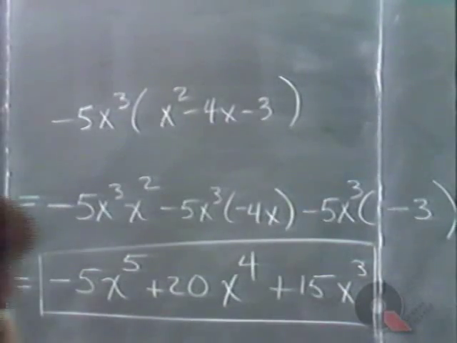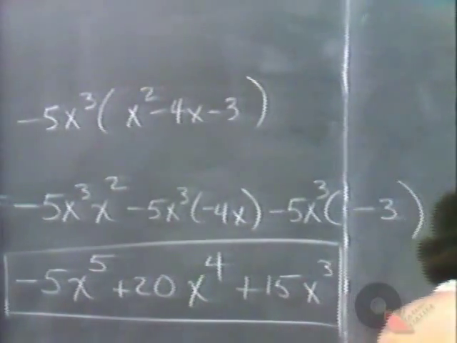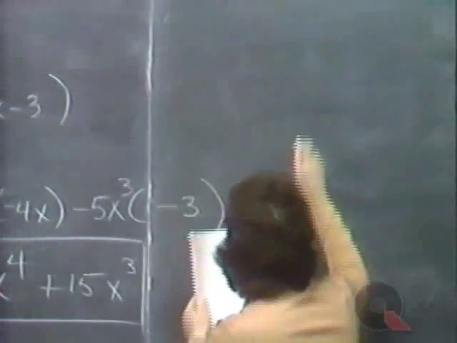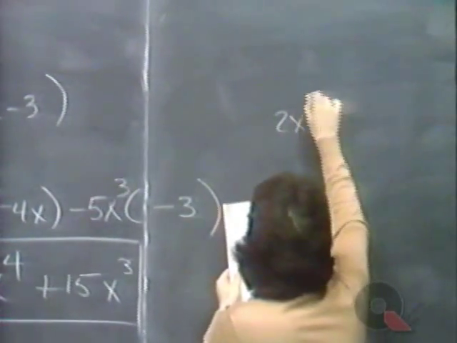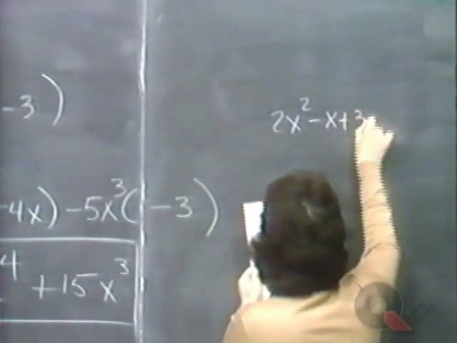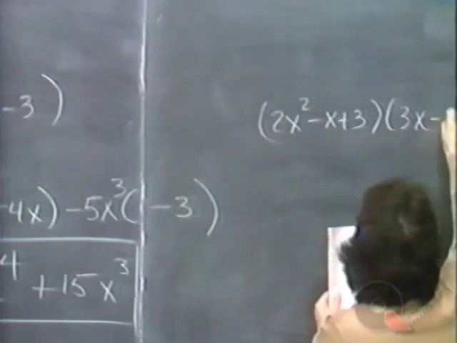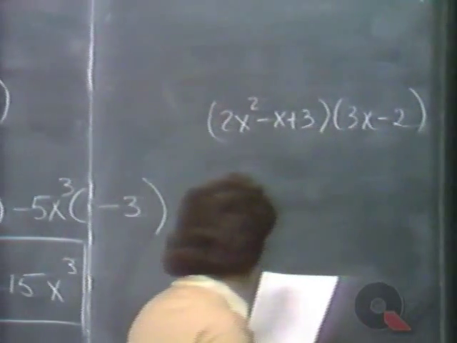Now, polynomials by polynomials. Let's try, for example, 2x squared minus x plus 3 times 3x minus 2.